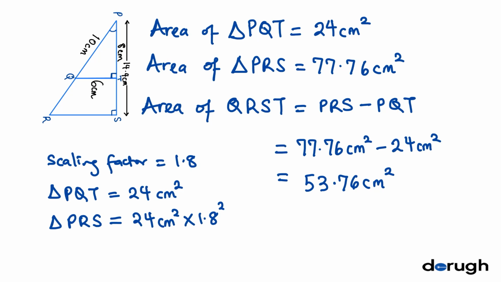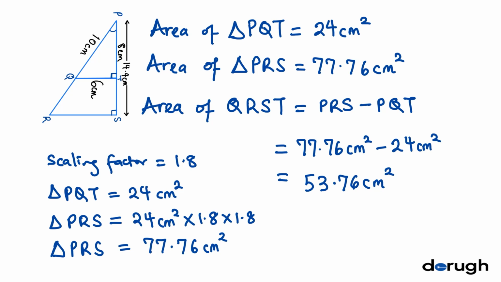And of course, if you want to write that another way, 1.8 squared is 1.8 times 1.8. If we punch that into a calculator, we have that the area of triangle PRS is still 77.76 centimeters squared. That's a very neat trick, all because we knew our scaling factor.